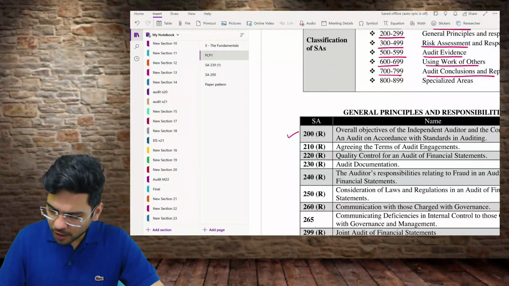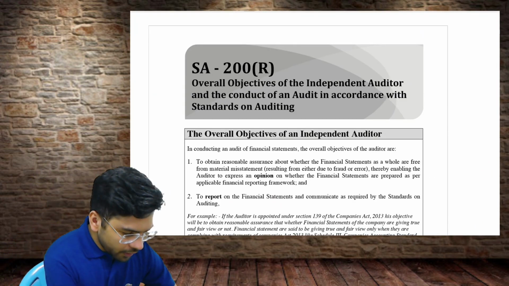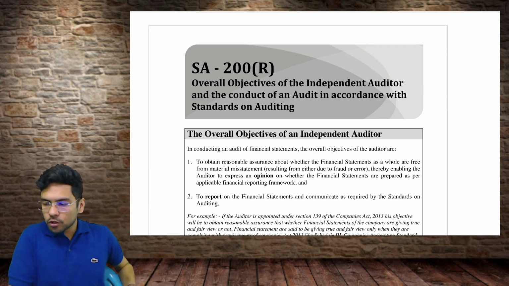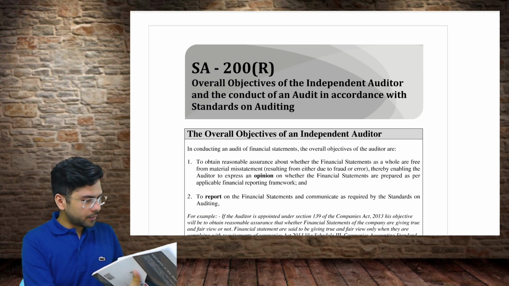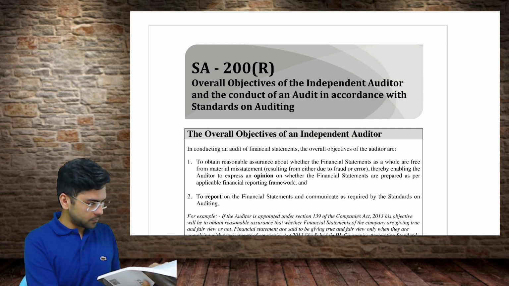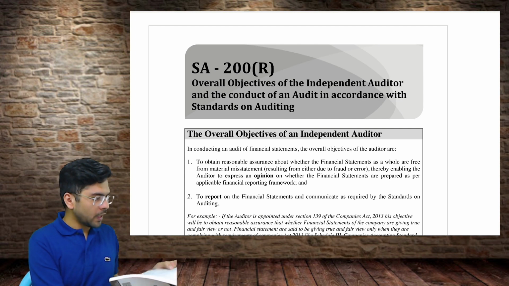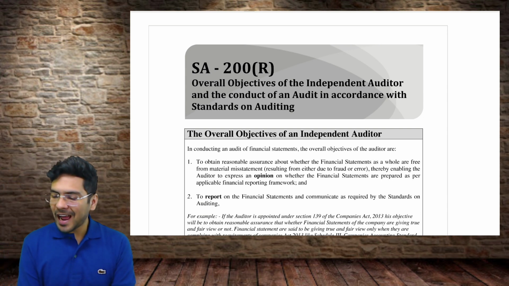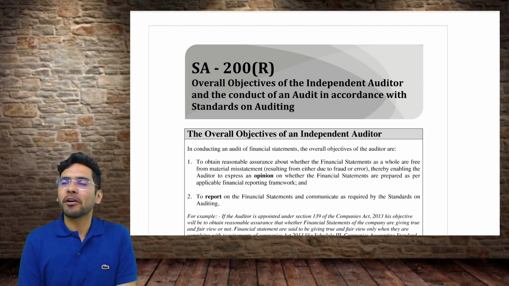If you see the name of the standard, it's a huge name: overall objectives of the independent auditor and the conduct of an audit in accordance with standards on auditing. This is on page 1.7.